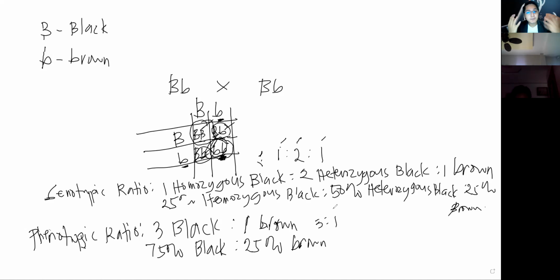How about the phenotype, or phenotypic? Pheno means the appearance, the observable behavior or traits. So in the genotypic ratio, we have 1:2:1 or 25% is to 50% is to 25%.